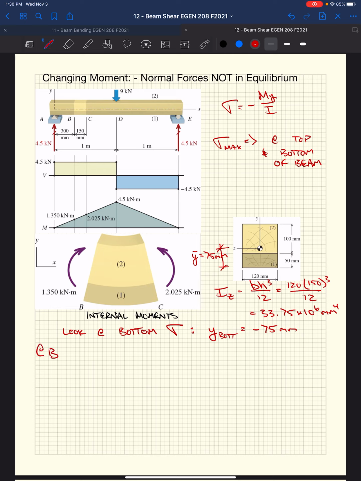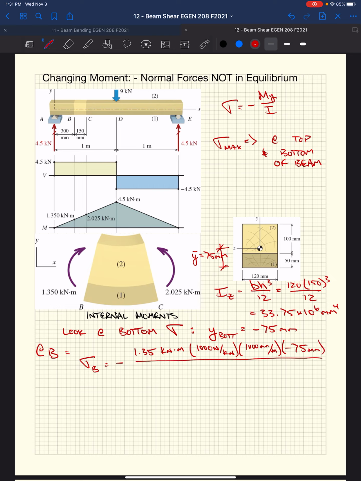So if we look at B, we have y, we have I, we have our applied moment. We know that it's positive. We know that at B, our stress at B equals negative M, which is 1.35 kilonewton meters, times 1,000 newtons per kilonewton, times 1,000 millimeters per meter, times y, which is 75 millimeters.